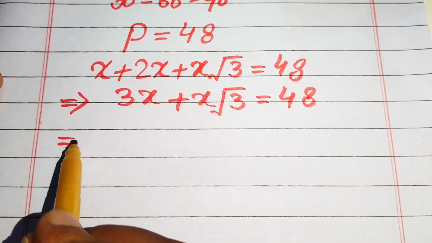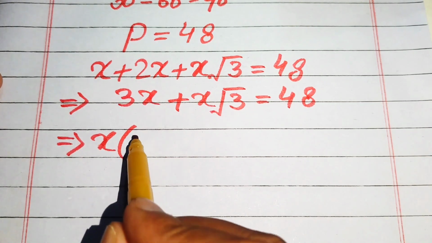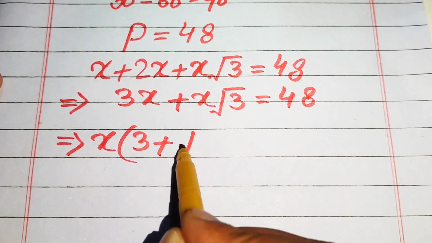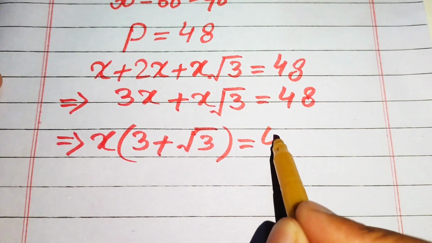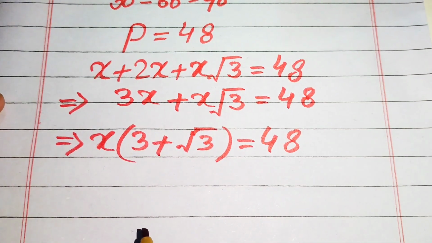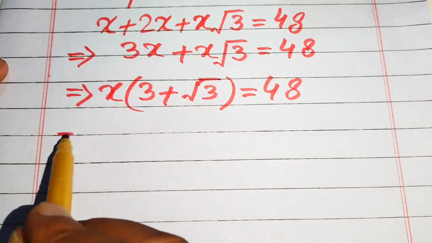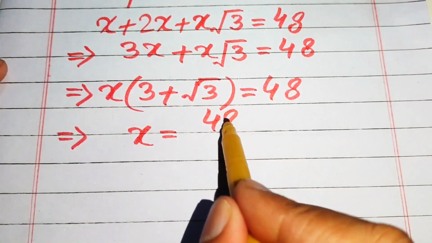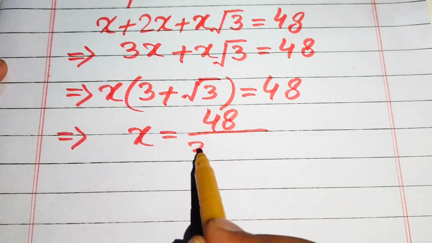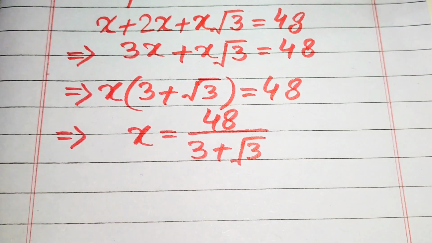Here we take x common from both of these terms, and after that we get x times 3 plus square root of 3 is equal to 48. And now we move this 3 plus square root of 3 to the right hand side, so that it is written as x is equal to 48 divided by 3 plus square root of 3.